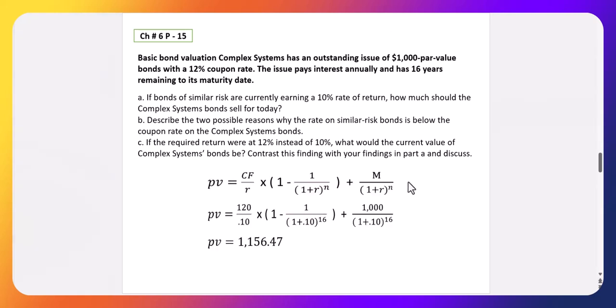In taking the present value of the bond formula, we have the stream of cash flows to the left, and to the right we have the face value of the bonds divided by the rate of return in the market. So in order to calculate the present value of the bond, we take the cash flow, we take 12% times $1,000 and get 120.